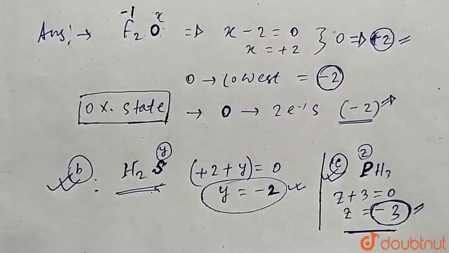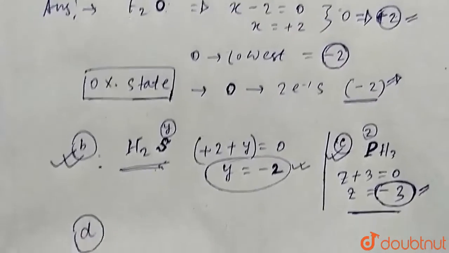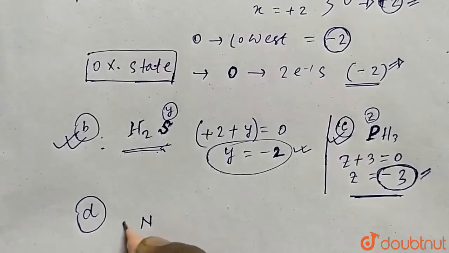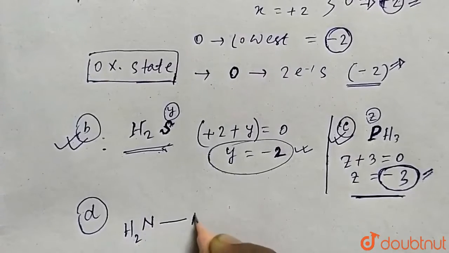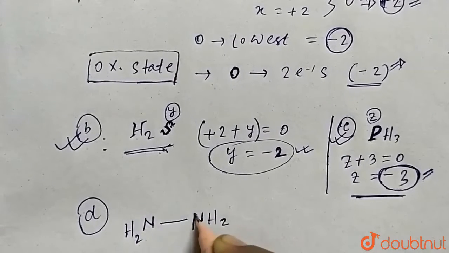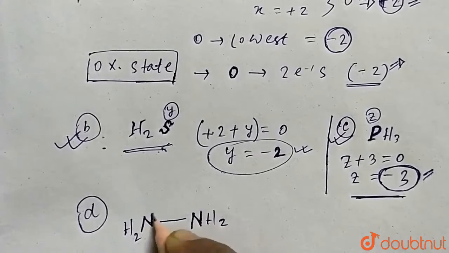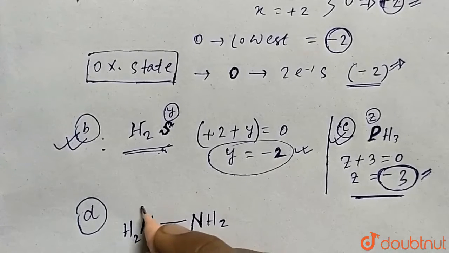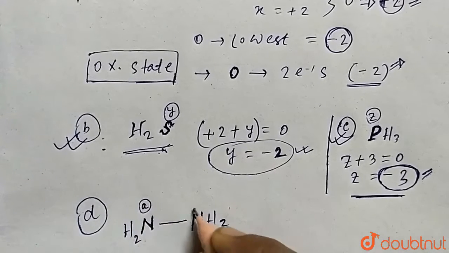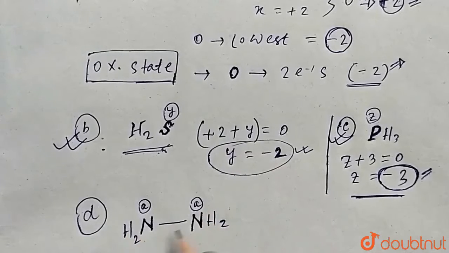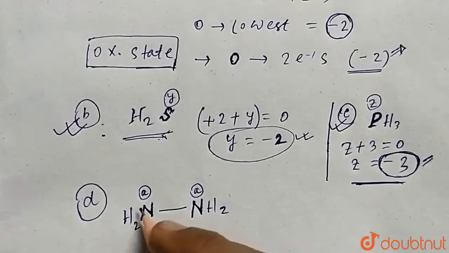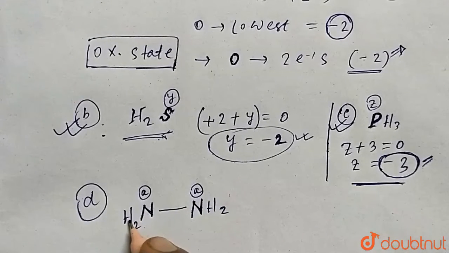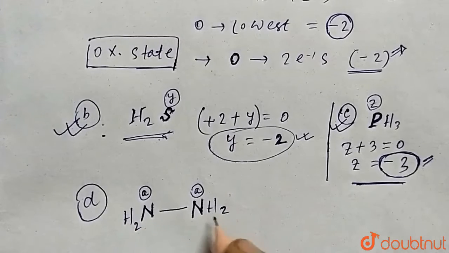Now the next one is D, N2H4, hydrazine. What is the structure? NH2 single bond NH2. Nitrogen is the bold atom here. So we have to see the oxidation state of nitrogen in this compound. If you consider a, see hydrogen has +1. 4 hydrogens are there.